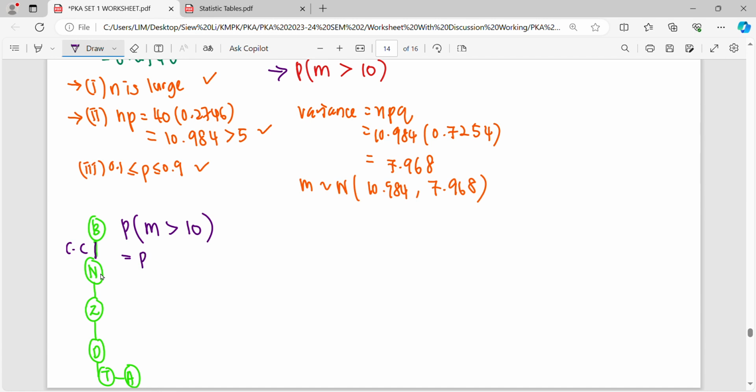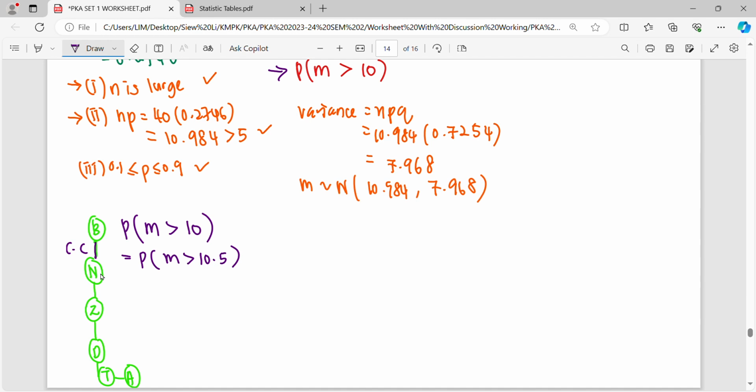For more than 10, is 10 included or not? No. So the decimal we can start from is more than 10.5. If you take 9.5, the value of 10 will be included, so it will not be more accurate. So it will start from 10.5.